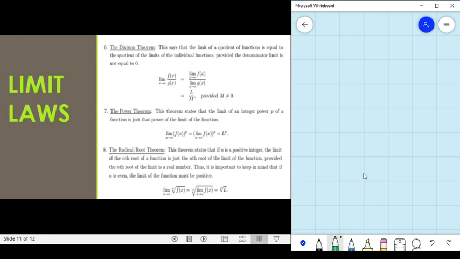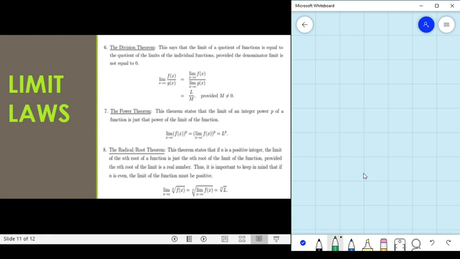Thus, it is important to keep in mind that if n is even, the limit of the function must be positive. So the limit of the nth root of f of x as x approaches c is similar to the nth root of the limit of the function as x approaches c, or the nth root of L.